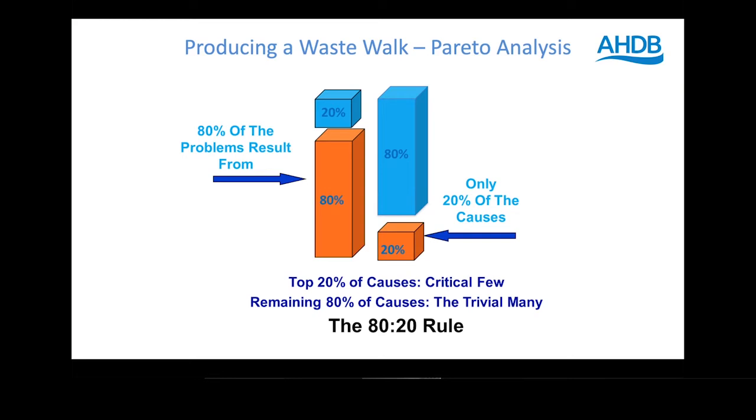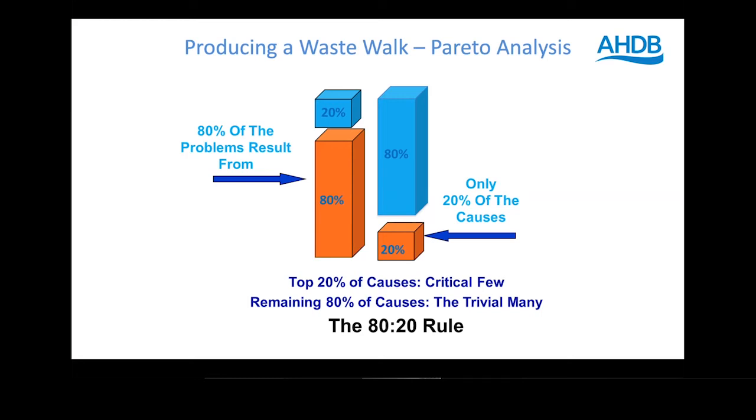So there was a very high concentration of wealth within the country. But what he stumbled across was this form of analysis whereby you tend to find 80% of the problems you see within any process come from 20% of the causes, or 20% of the steps. So it's a really good way of prioritizing where you need to focus your efforts.